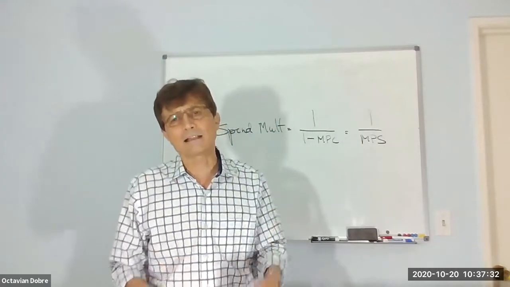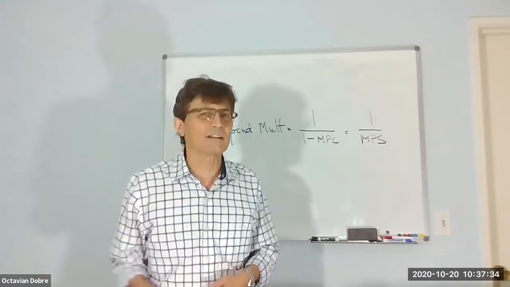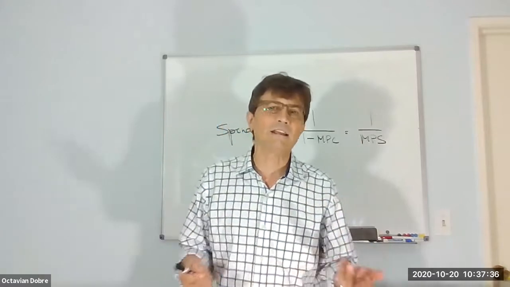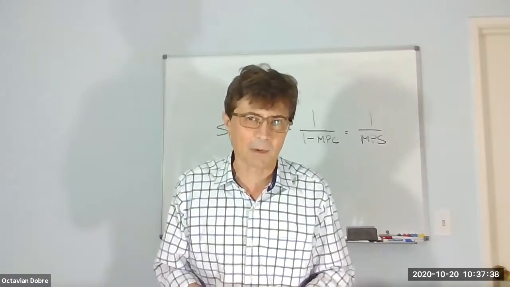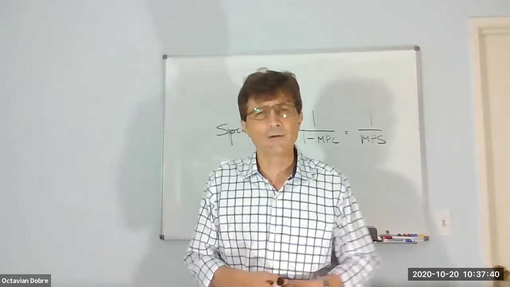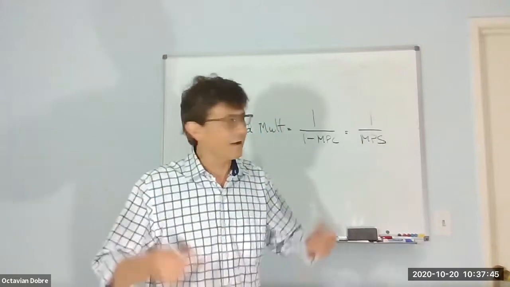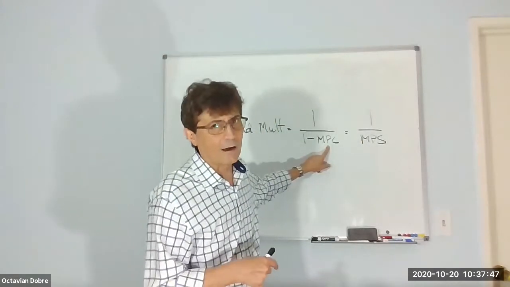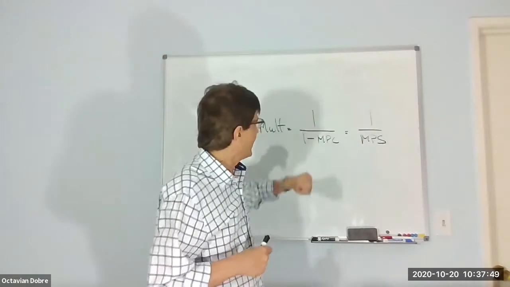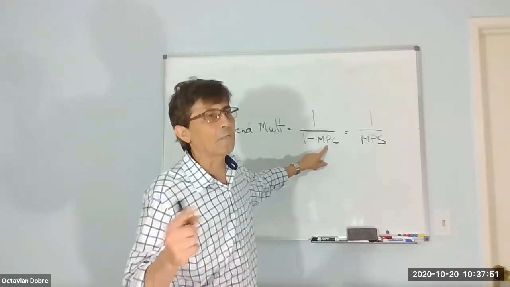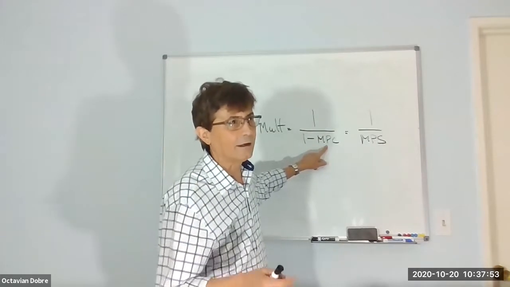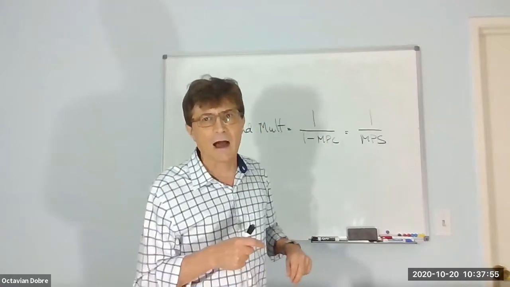And on a test, you may have a question such as, if the MPC goes up, what happens to the multiplier? Well, all you got to do is give yourself a couple of numbers for MPC. If MPC is 0.5, the multiplier is 2. And if the MPC goes up from 0.5 to 0.8, then the multiplier is 5.